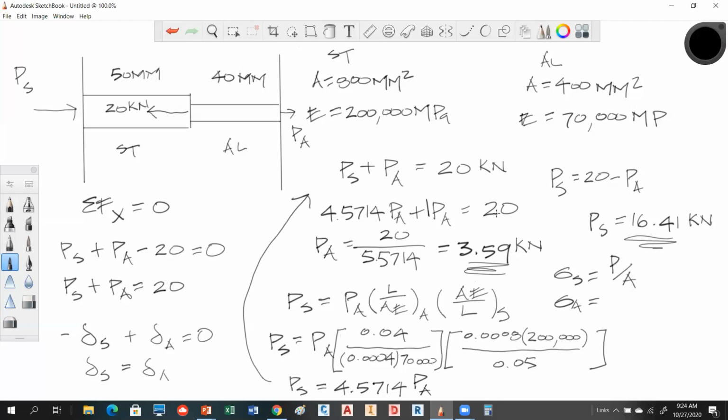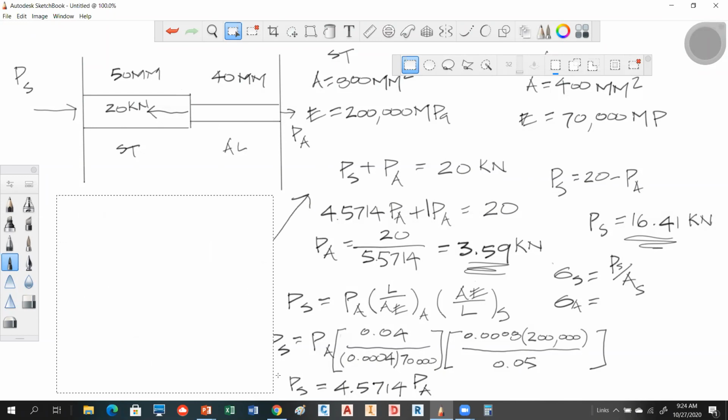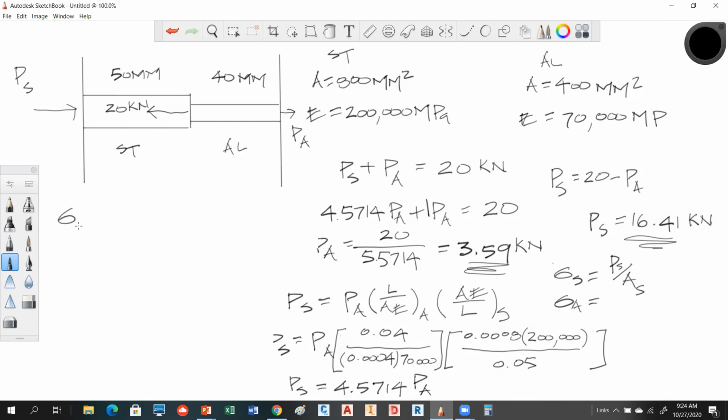Do you have enough information to solve this? We know the force in the steel, right? We know the cross-sectional area of the steel. That was given. We could solve that. Let's go ahead and do that. I'm going to get rid of this. We don't need this anymore. So if we wanted to solve the stress in the steel, it's going to be the force of the steel divided by its cross-sectional area.